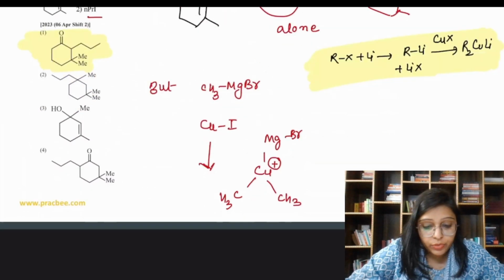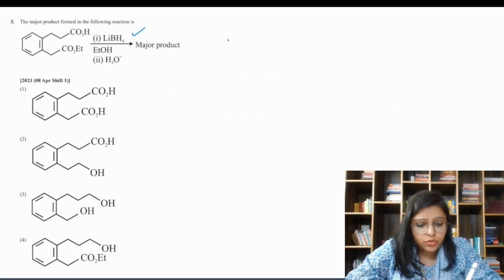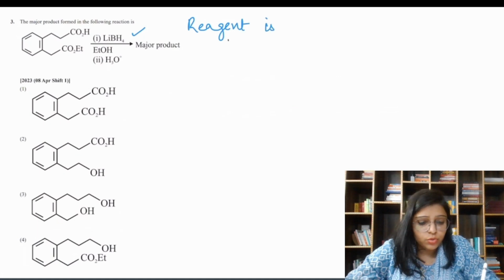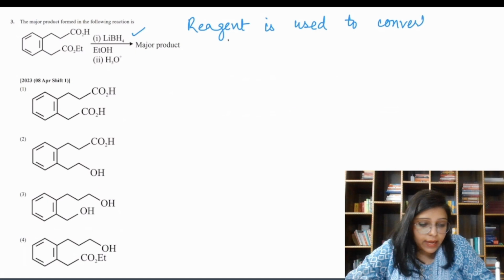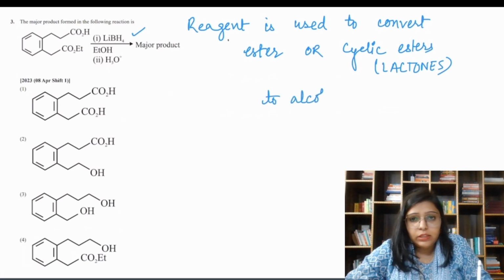Now, next question. We have LiBH4. This is a reagent-based question. This reagent is used to convert esters or cyclic esters, which are lactones, to alcohol. That's it.